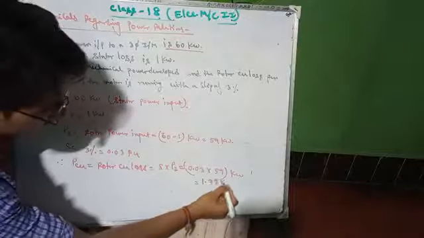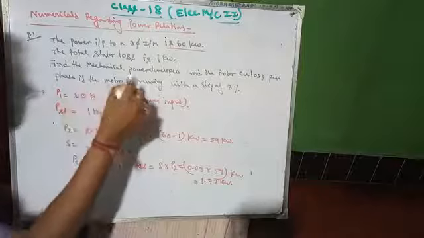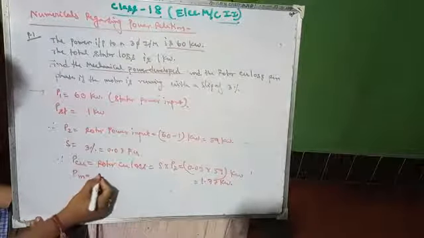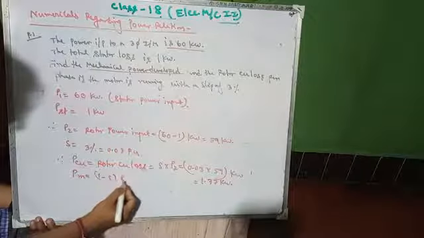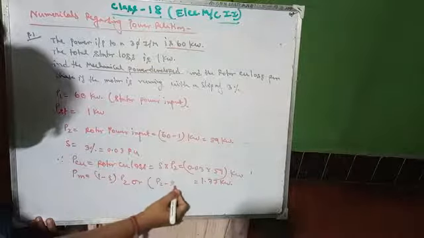1.77 kilowatt. Okay. And now the mechanical power developed you have to find. So Pm equals 1 minus S into P2, or you can directly use P2 minus PCU, whatever.